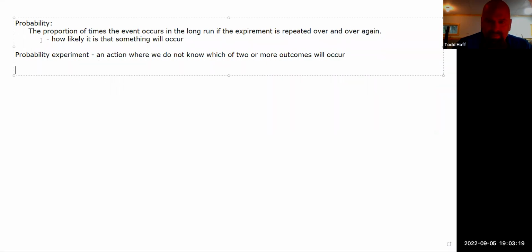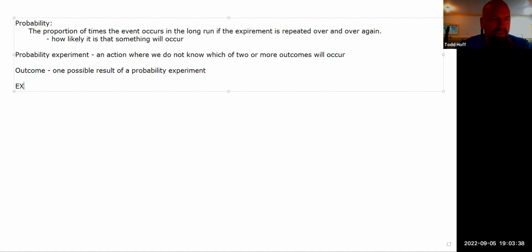So with that, we should probably define what an outcome is. An outcome is simply one possible result of a probability experiment. I know this sounds a little bit circular, but that's exactly what it is.